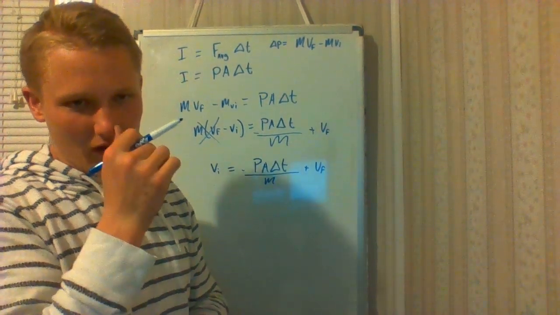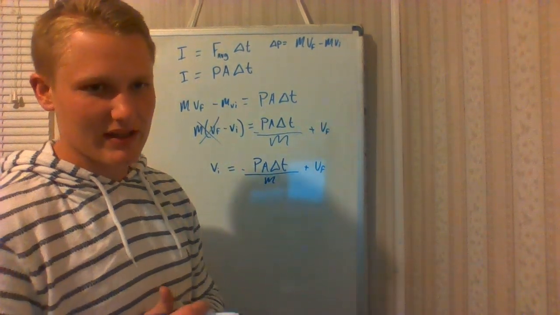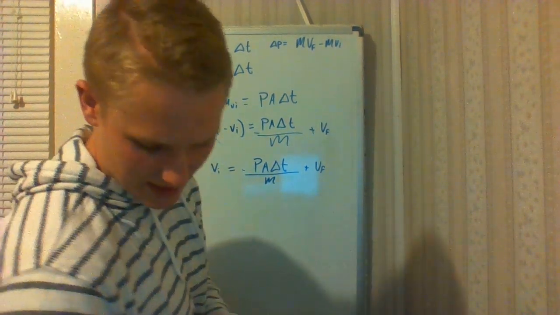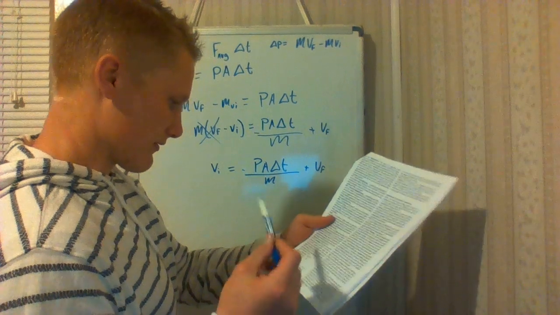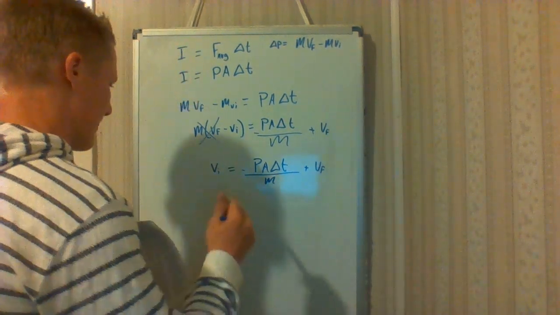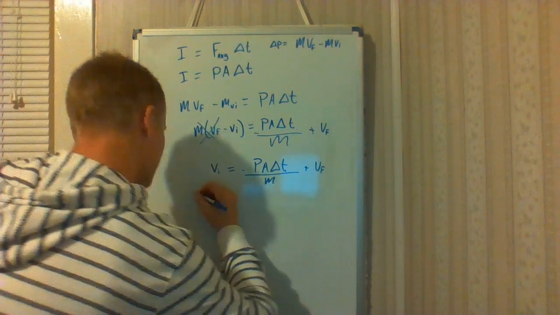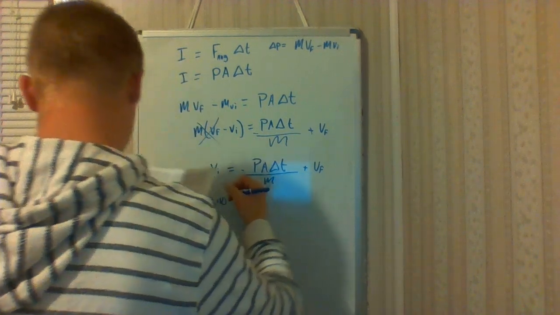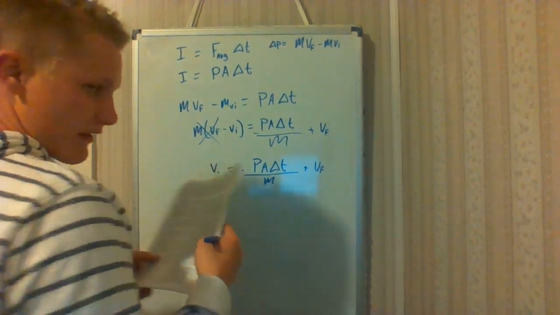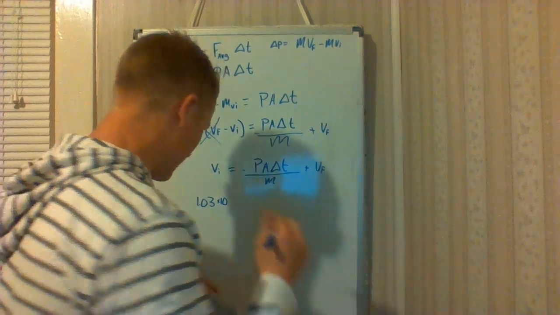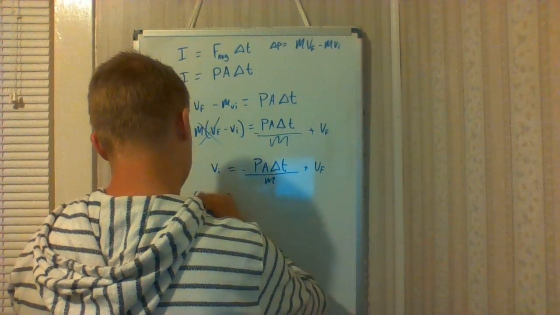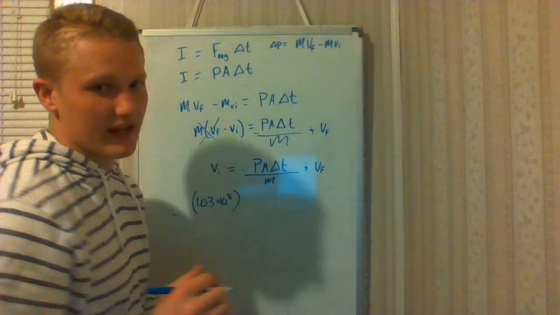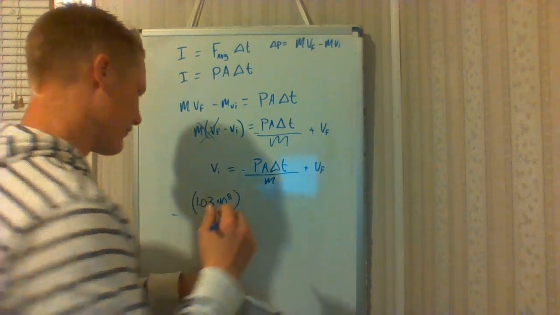Now we have all of the information we need for this. So your force density is 1.03 times 10 to the 8. Your A is 1.5 times 10 to the negative 4th.